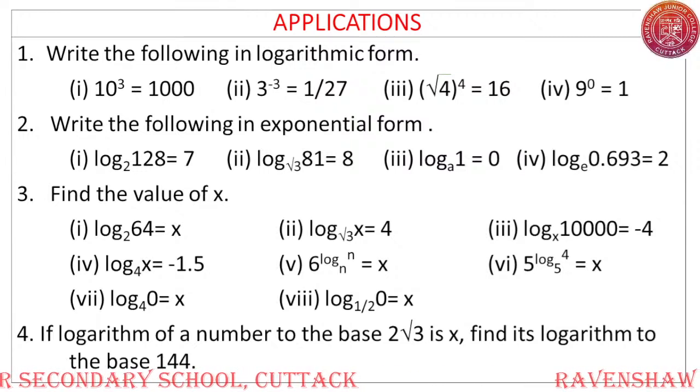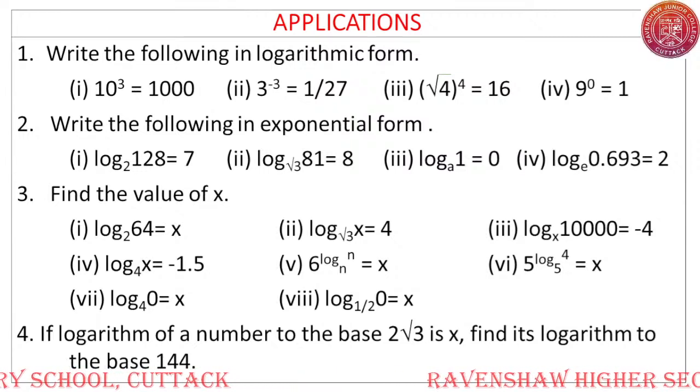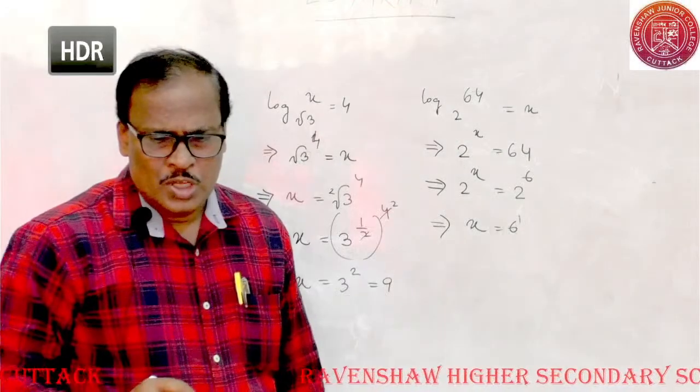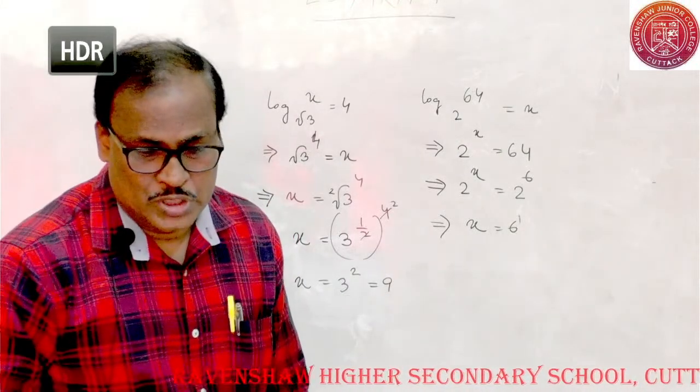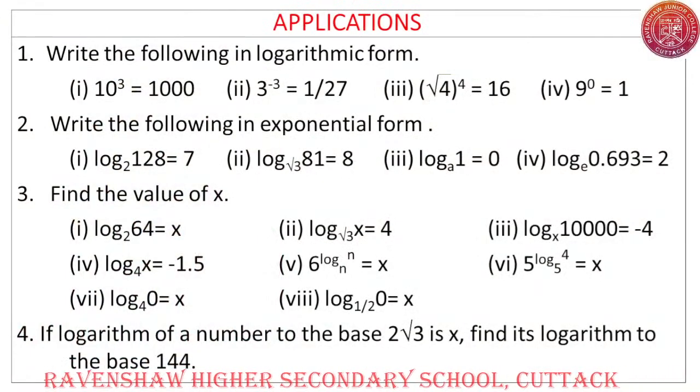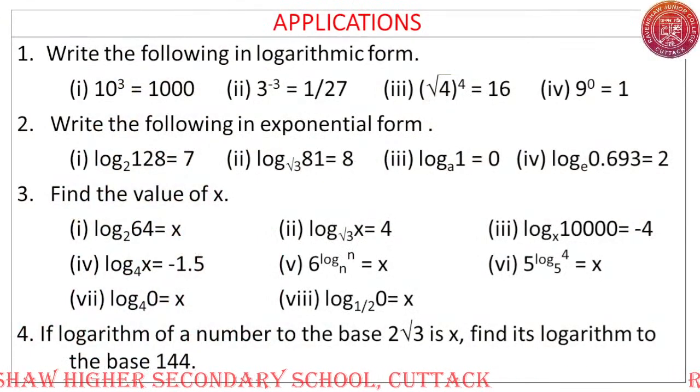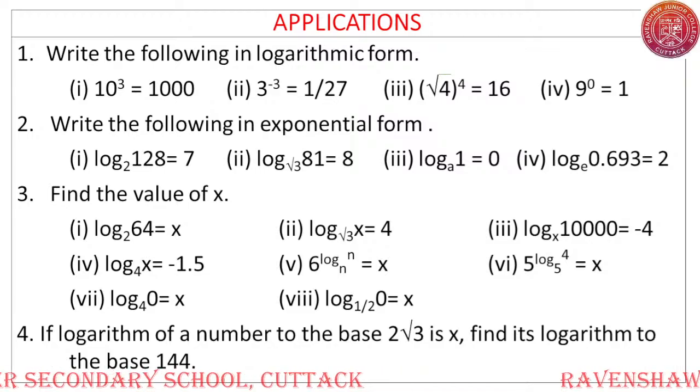So the value of x is 9. Now the third part's question: log 10000 to the base x is equal to -4.